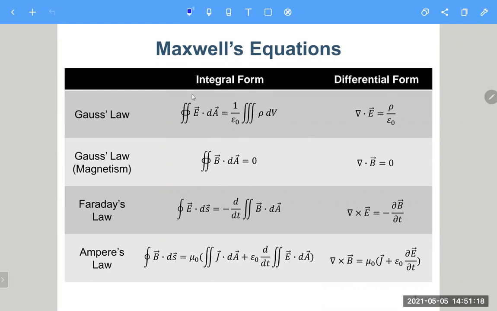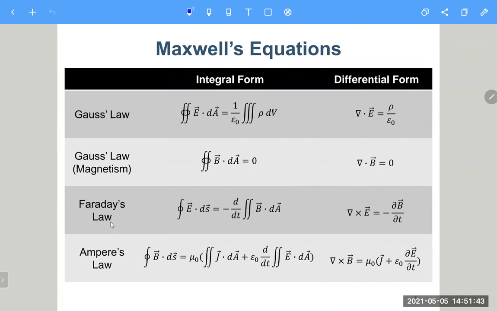So we have the surface integral here, and we change it to the divergence, and we can simply skip the triple integral on the right side. You can see rho over epsilon naught. Of course, this is 0, so this side is also 0.